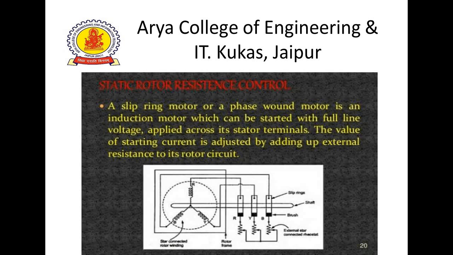The value of starting current is adjusted by adding external resistance to its rotor circuit. This is the diagram of static rotor resistance control, and this is a speed control method of induction motor.